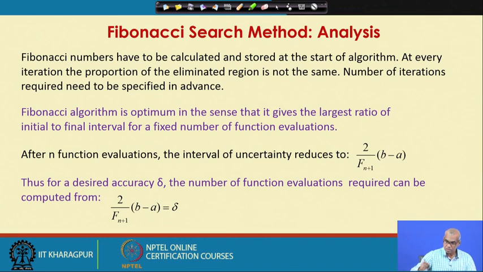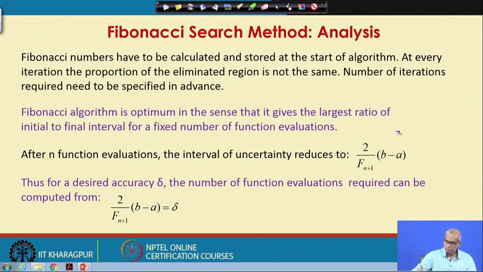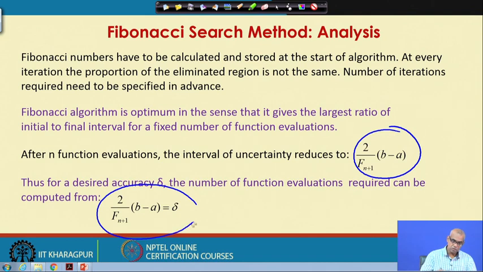So, all you have to do is set this value to delta. Delta is a specified small number which is the desired accuracy, and n is the total number of iterations required. So, from this expression it will be possible for us to find out n, the total number of iterations required to achieve the desired accuracy delta.